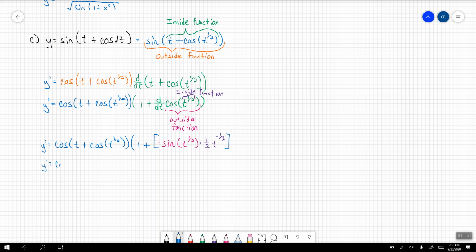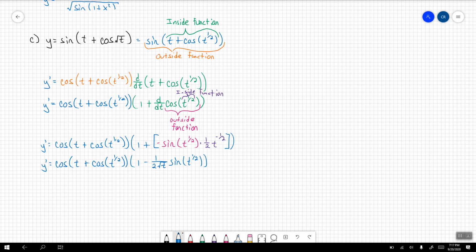So y prime is equal to cosine of t plus cosine of t to the power of 1/2, and then we get 1 minus, and this is going to have a fraction here: 1 over 2 times the square root of t, multiplied by sine of t to the power of 1/2. Or we can say square root of t, whichever is fine. And so here's your final answer. No more derivatives after that point.